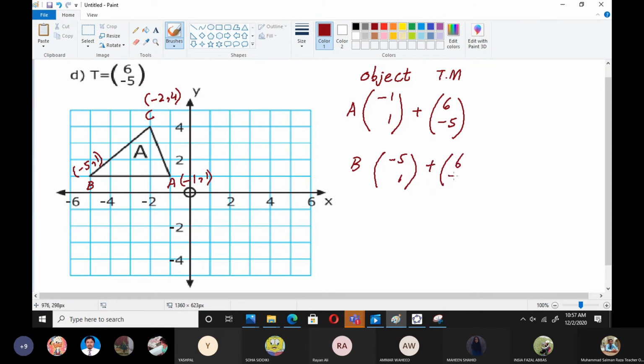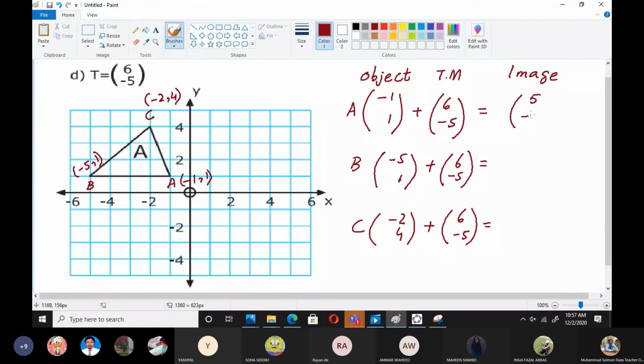When I'm adding them, I am going to get an image over here, and this is going to be 5 and minus 4. Make sure there is no problem when you are adding or subtracting it, okay?